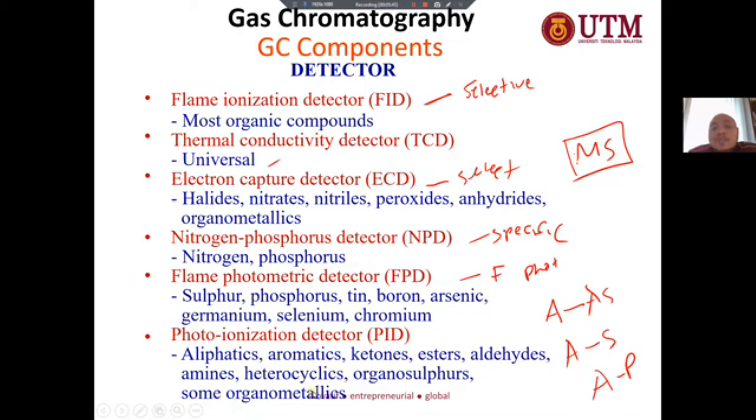So for example, we give you the question, please state the three best detectors for analysis of compound containing phosphorus. You might say NPD, FPD, and also MS. That is the kind of understanding that you might need in case in the future you want to use the instrument.